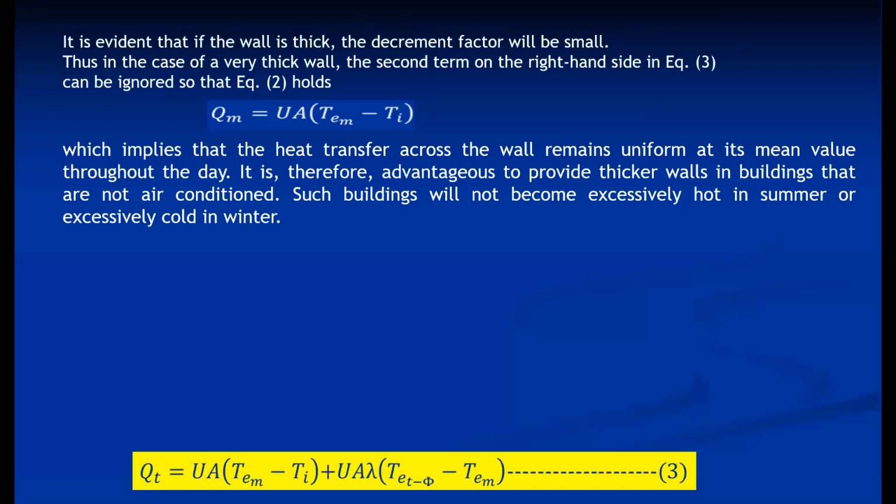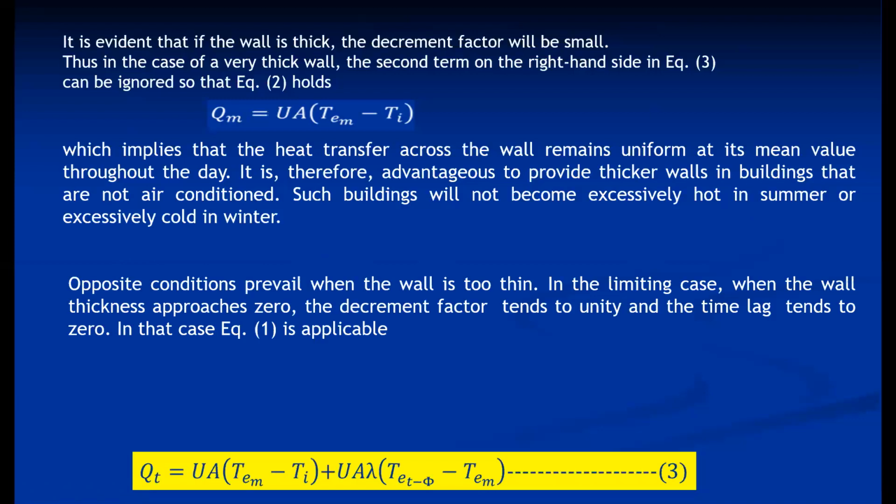And also there is a time lag, and because of that, such stone buildings do not become excessively hot in summer or excessively cold in winter. So this generally happens in stone wall buildings, and not in brick wall buildings. Brick wall buildings, exactly, require air conditioning nowadays.